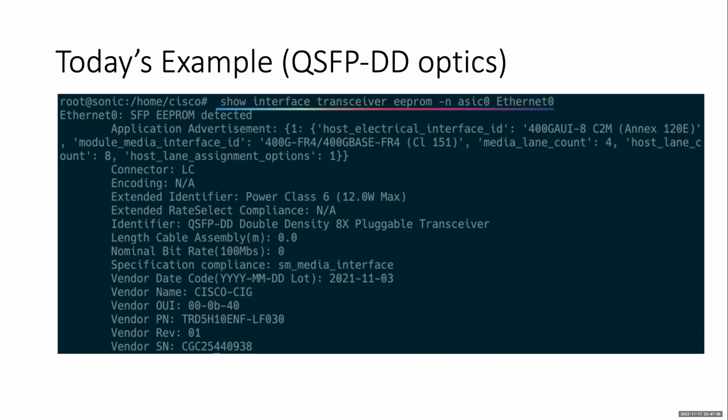Then it will give you a bunch of information. On that, you have to search for the identifier field, and if it's QSFP-DD, then you go to the application advertisement section. Then you have to search for the module media interface ID. Then you finally get the type.